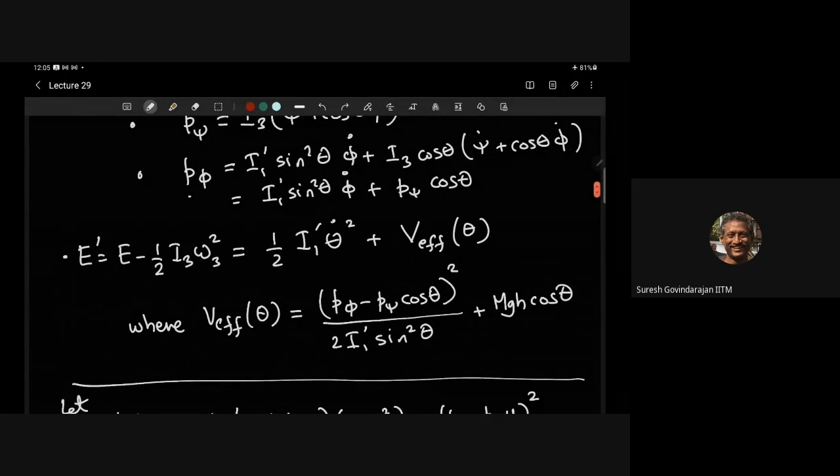Last time I used the symbol U, which was confusing, so I switched to V effective. V effective of theta is p phi minus p psi cos theta whole square, divided by 2 I prime sin square theta, plus mgh cos theta. So this is just a recap of what we did.